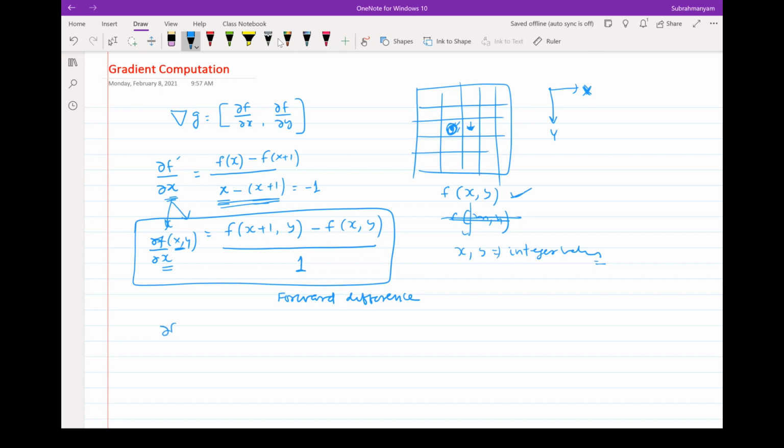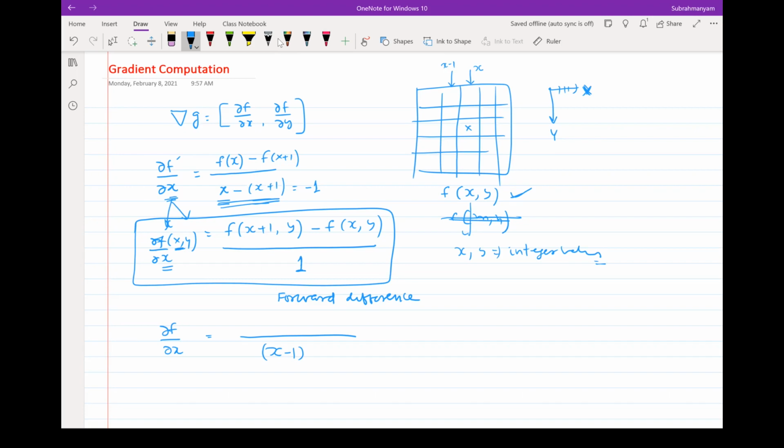And of course I could have done the same thing by considering the value at x minus 1. Let me erase this part now. Suppose I'm interested in the value here. Consider its index as x. Then this column would be indexed by x minus 1.